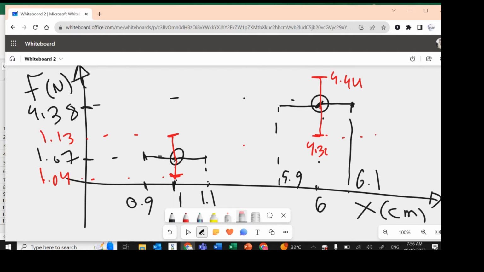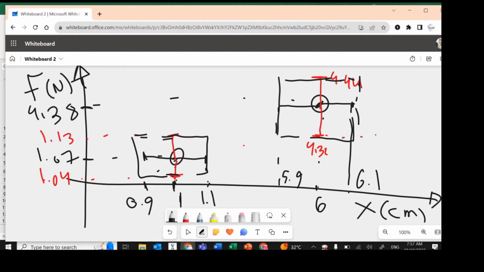Now, to draw the error bars, complete this shape, make it a triangle shape. Now, for the uncertainty, the error bar, we have to draw maximum and minimum error bar lines.